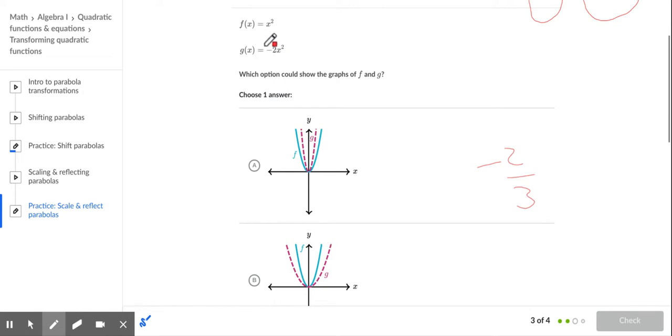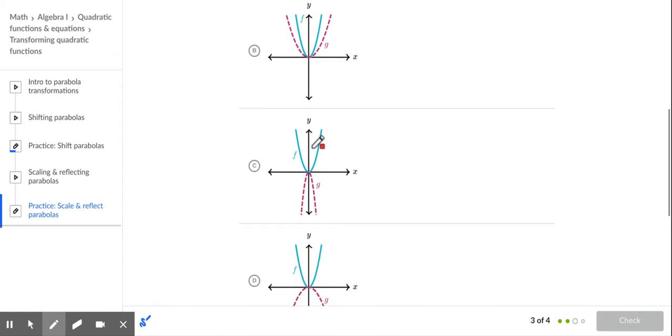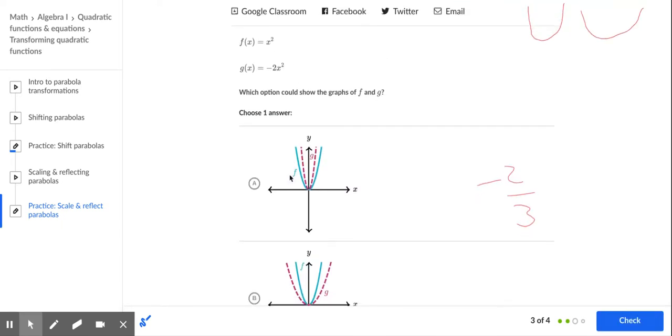Multiplying by -2, the 2 is bigger than 1, so I know it's going to get skinnier. And the negative means it's reflected over the x-axis. So it's reflected and it's skinnier. So that's going to be this one. So again, if the thing you're multiplying by, let's call it a, is greater than 1, then that's skinnier.